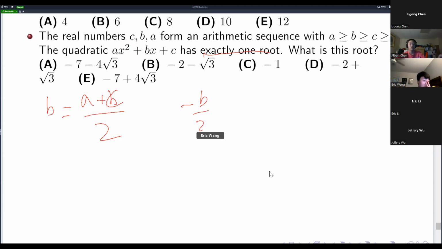Because the discriminant b squared minus 4ac is 0, we know that b squared equals 4ac.